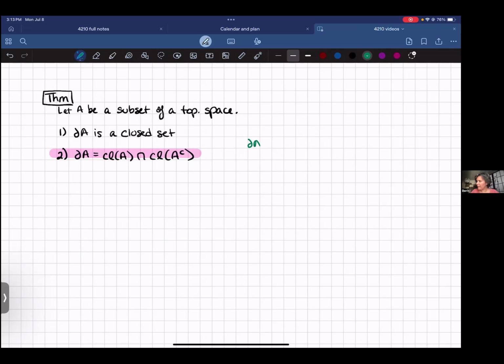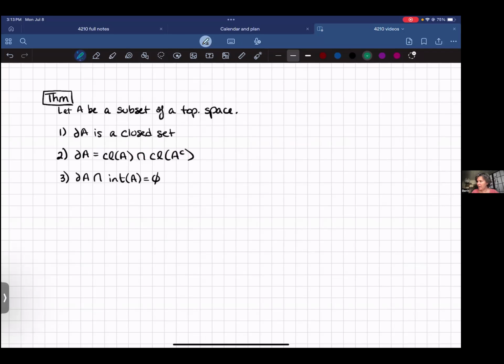Well, the boundary of A is the closure of A minus the interior of A, which is the closure of A intersect the complement of the interior of A. But we have a theorem about what that is: the closure of A intersect the closure of A complement. That's a theorem that we have about closures and interiors and complements. All right, so that statement is true.